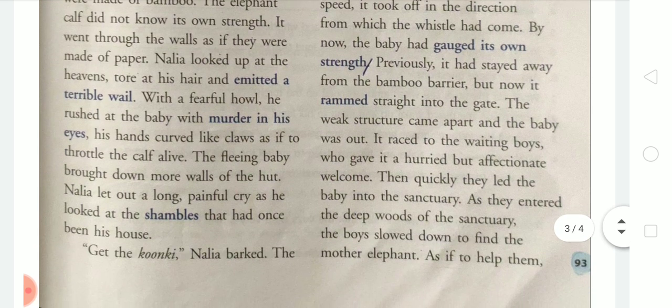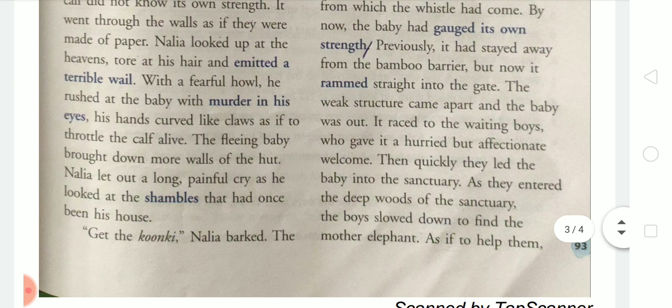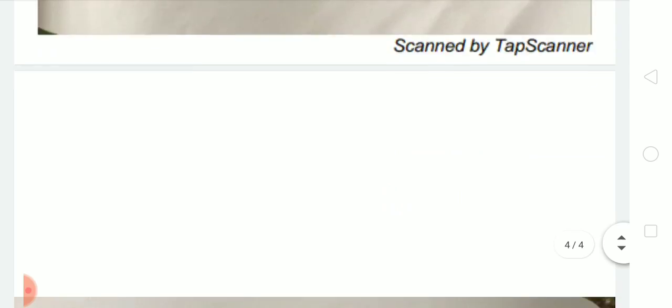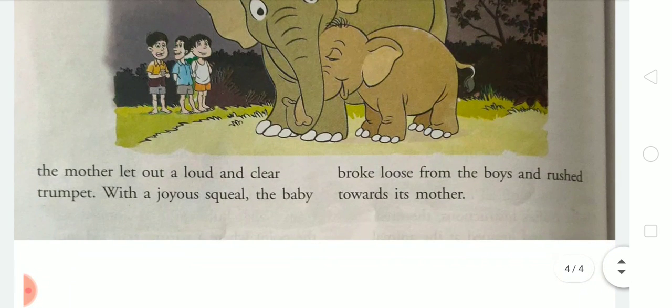As they entered the deep woods of the sanctuary, the boys slowed down to find the mother elephant. The mother let out a loud and clear trumpet. With a joyous squeal, the baby broke loose from the boys and rushed toward its mother.